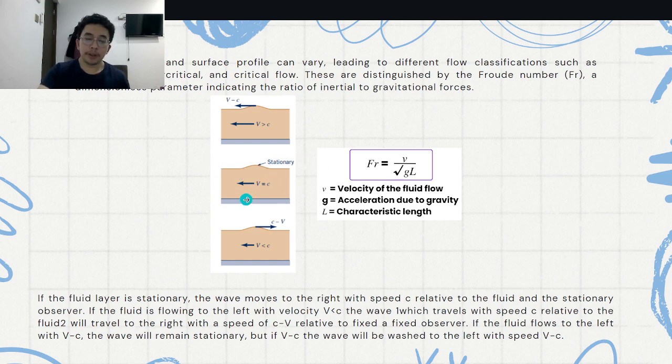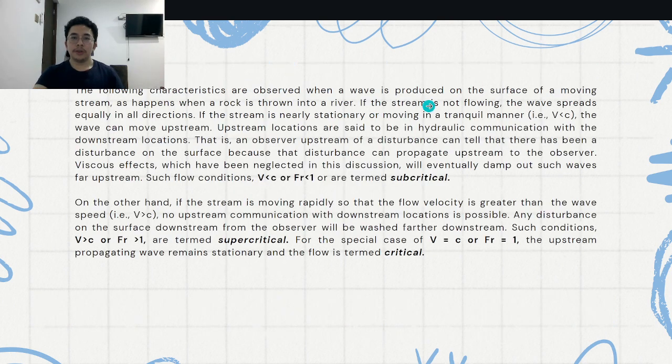Like if there's a rock here, the fluid on top will come up here, and the height usually depends on how high the rock is.